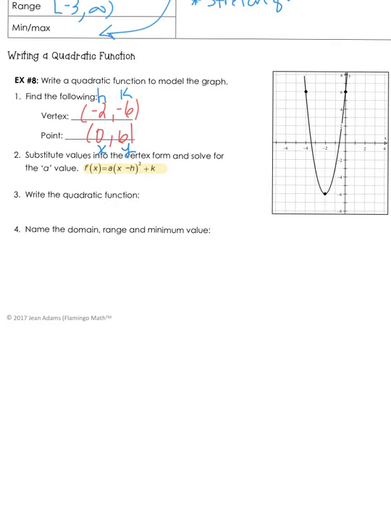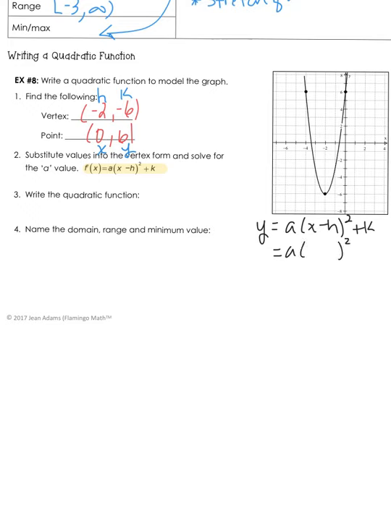So we are going to write our quadratic function. So here we go. I'm going to need some room, so let me do it right underneath here. So I'm going to start with y equals a times x minus h squared plus k. So I'm going to plug in for everything except a.